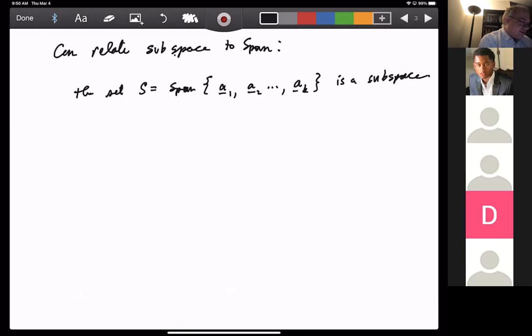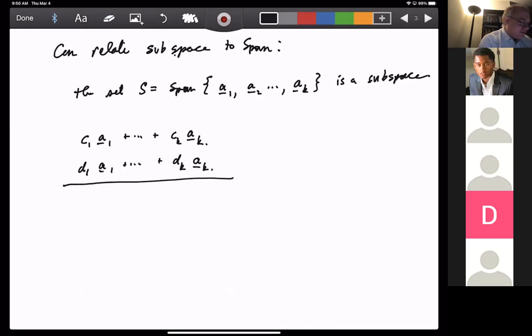So let's say I have this vector that's in the span of S. An arbitrary vector in the span of S I can get as a linear combination of my vectors. Let's take another arbitrary vector in the span.